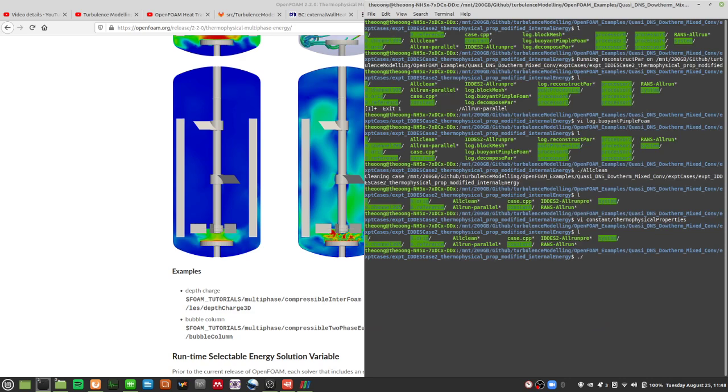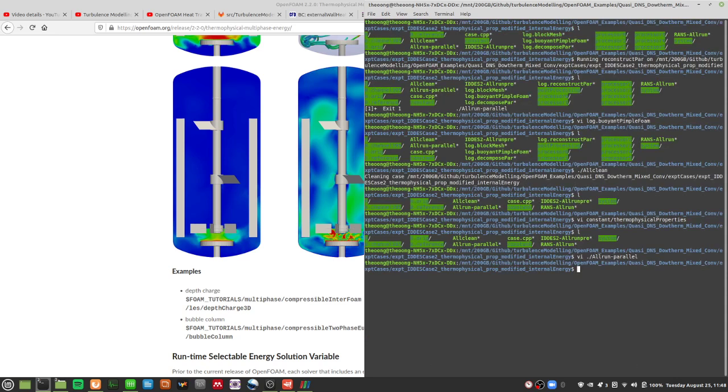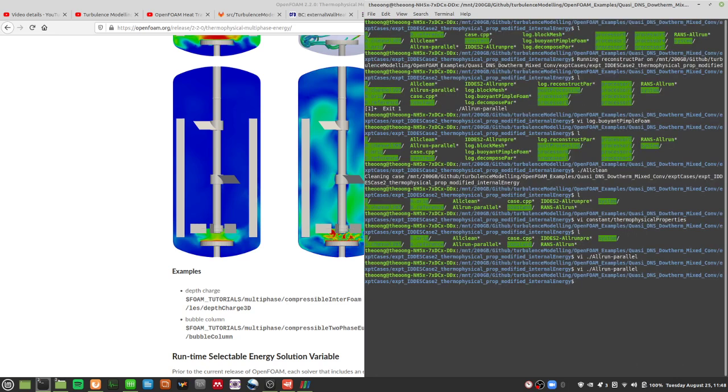Let me do an Allrun parallel, and let's run it again. Okay, MPI run with number. Oh wait, did I do an Allrun decompose parallel? Oh yes, I just ran an Allclean.